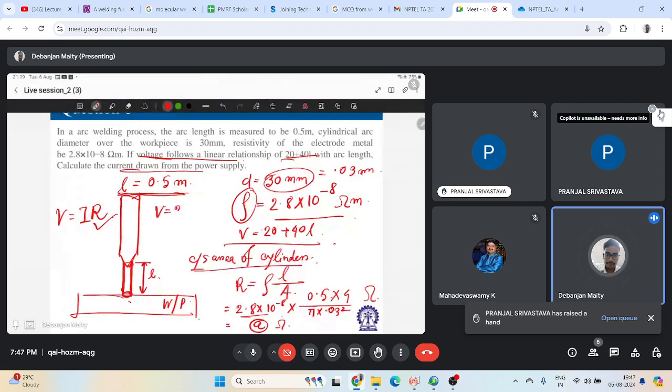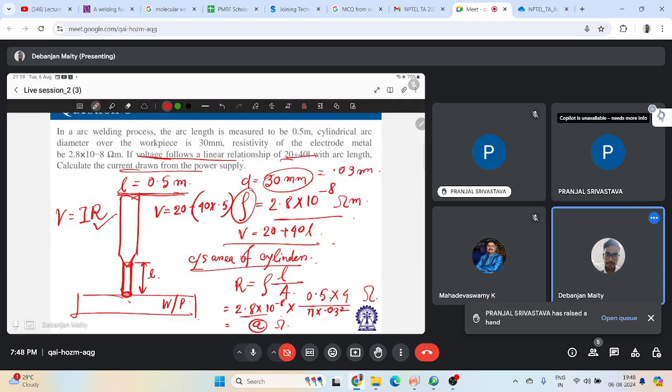The arc length is given as 0.5 meter, so V is 20 plus 40 into 0.5, right? That is 40 volt. So V is estimated as 40 volt.